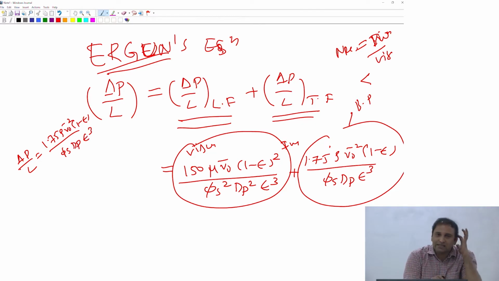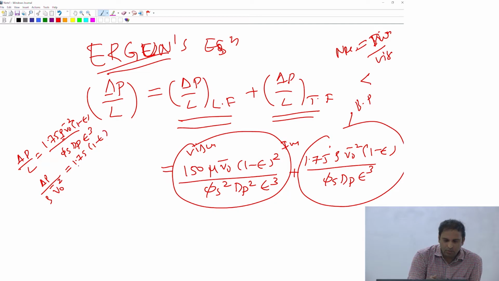I will keep delta P here and get V naught bar square and rho to the other side, and that is equal to 1.75 into 1 minus epsilon divided by phi s. I am going to take L to the other side.